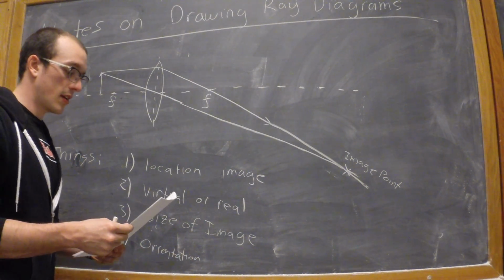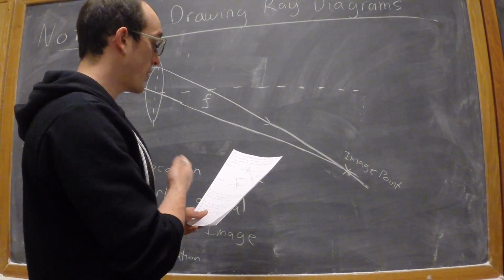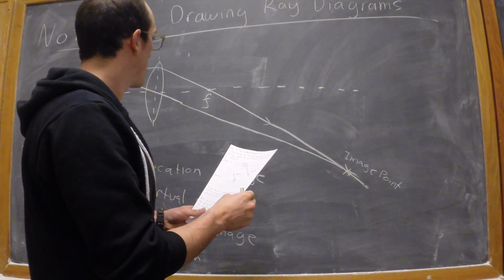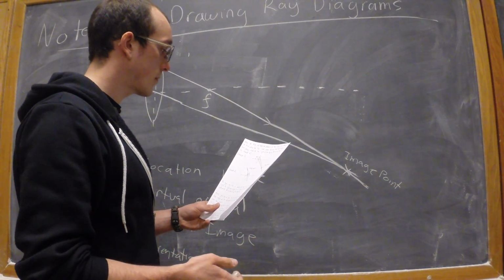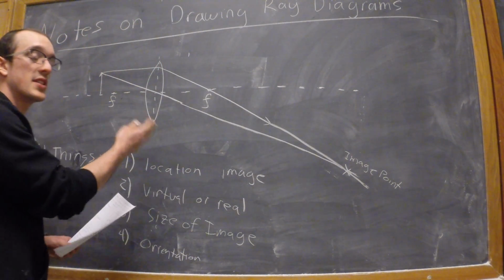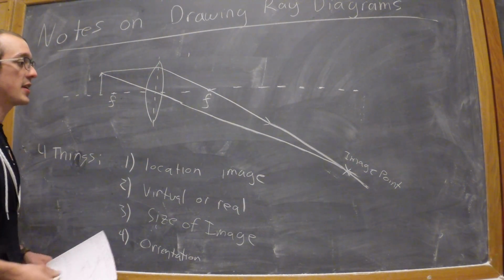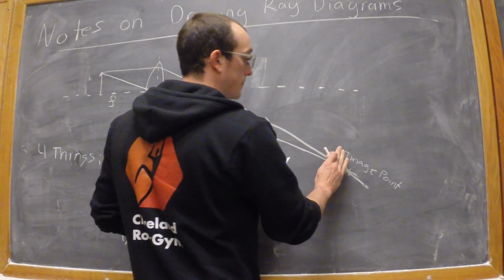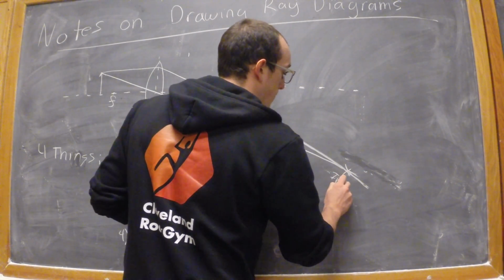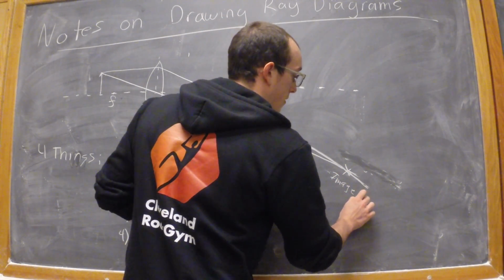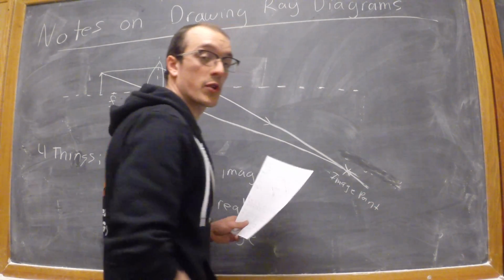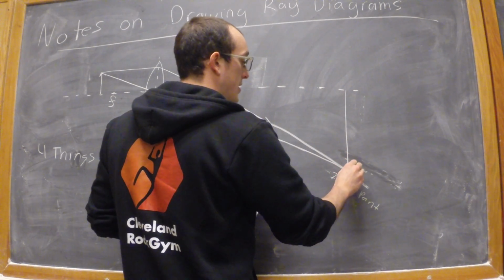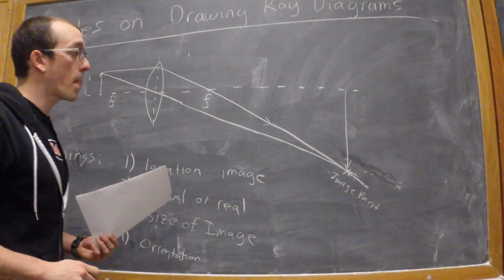So now how can we use these diagrams to understand these four properties here? To do this, we go to the image point, and we draw a line from the principal axis down to the image point.